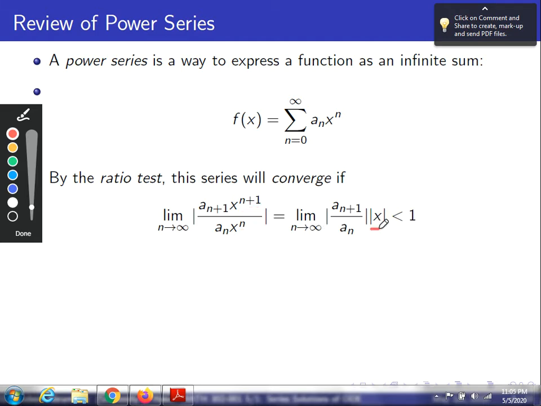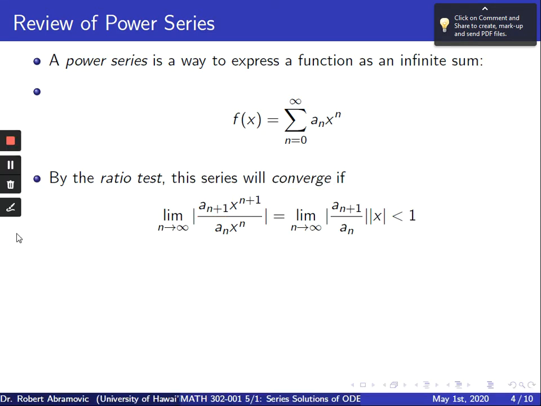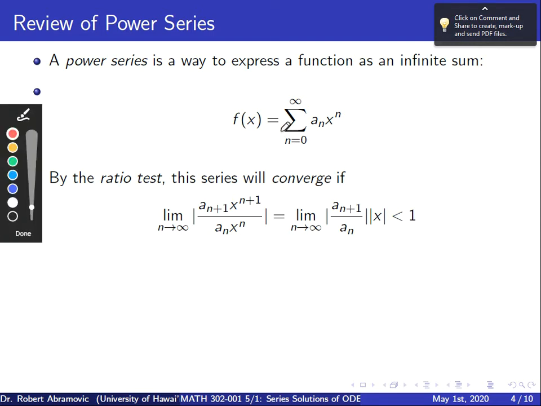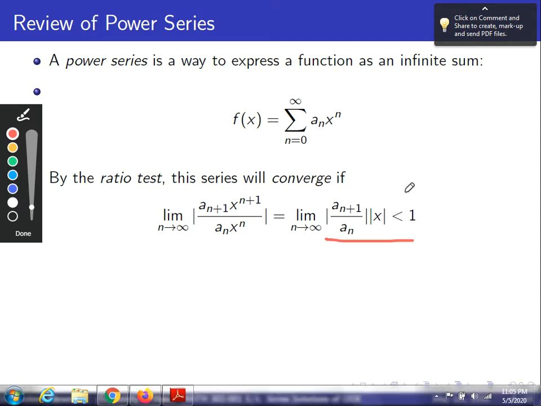So we're left with, as n goes to infinity, the absolute value of a_(n+1) over a_n times the absolute value of x. This is less than 1, and it will converge if that's true. If it's equal to 1, the ratio test doesn't really say anything. So it's possible that this power series could converge when this limit is equal to 1, but when it's less than 1, we're guaranteed convergence.